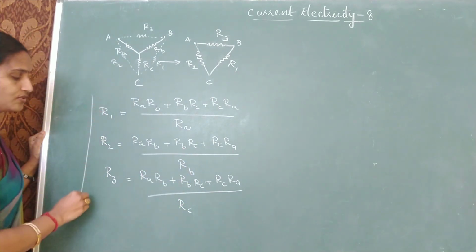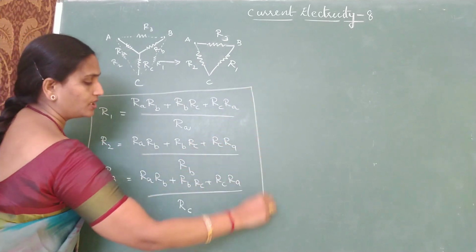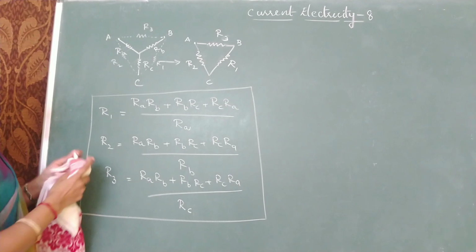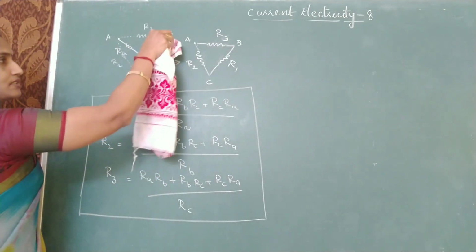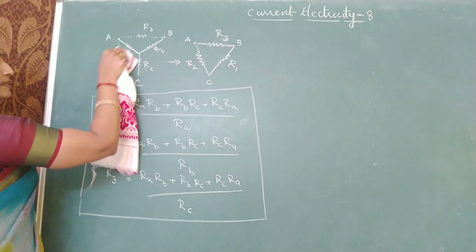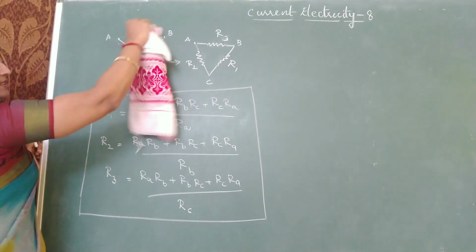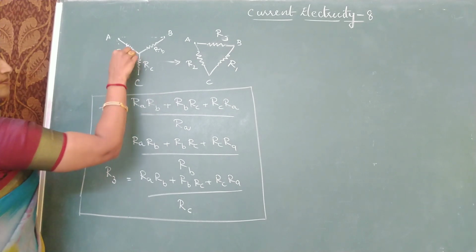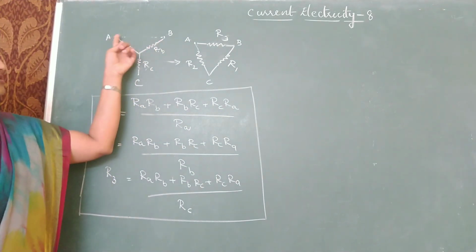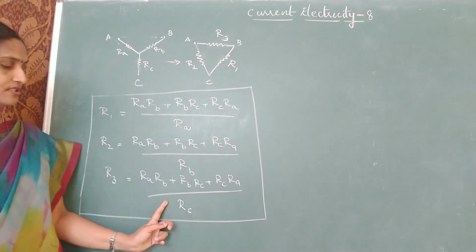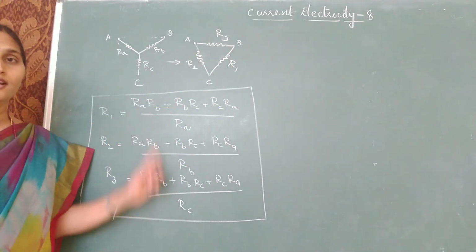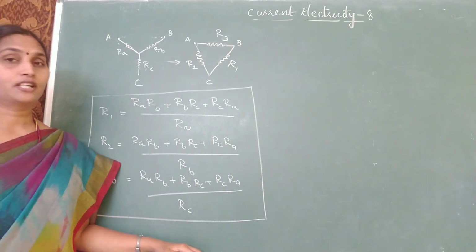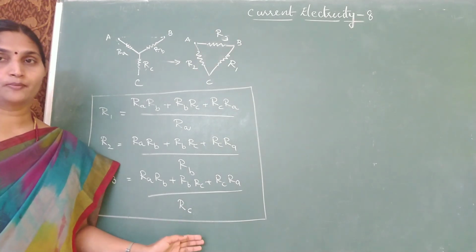So these are the three formulas that you need to remember when you are converting a Y-shaped network into a delta network. Better note down these formulas so that we can directly apply them when we solve some numericals.